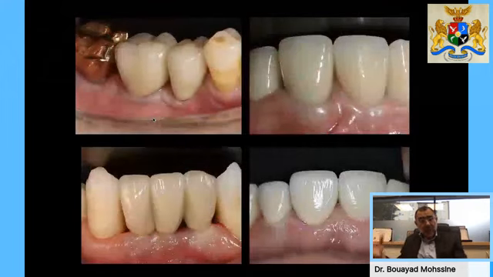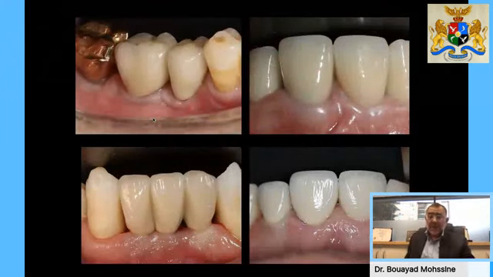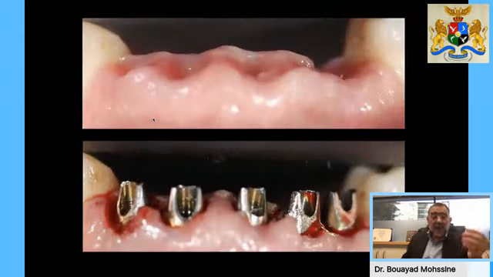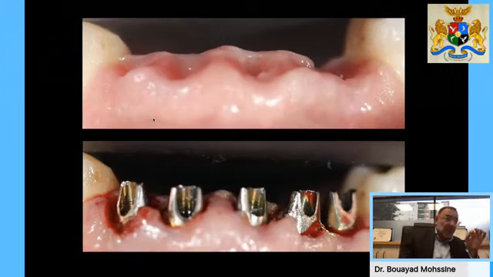And we can place our crown in good condition, especially when we have to place a crown in the aesthetic zone. We have to create a new papilla during a temporary phase.